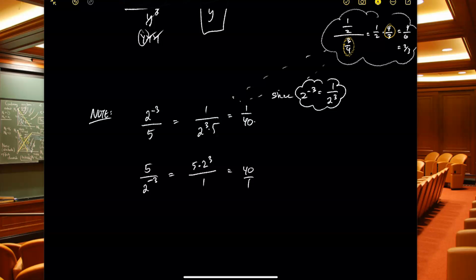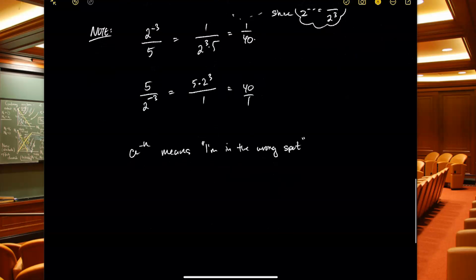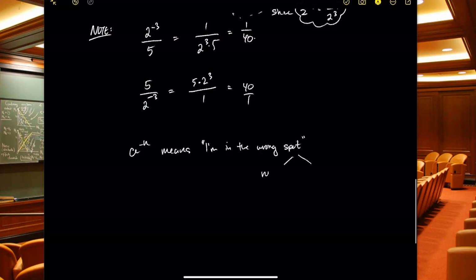So wherever you see this negative exponent, it really means, a to the negative n means either numerator to denominator or vice versa.